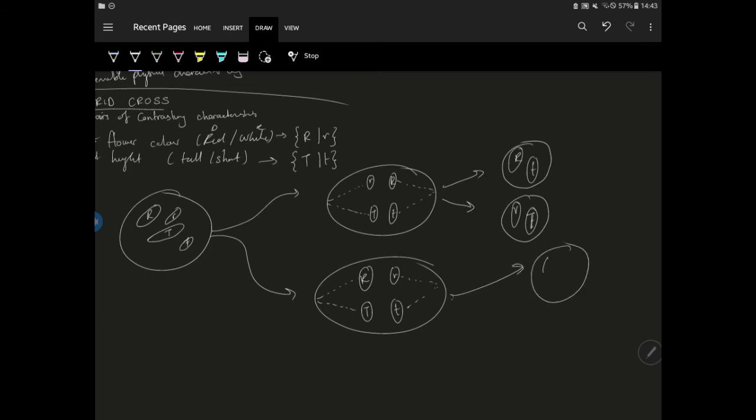We can have big R and big T, so it can be red flowers and tall, or it could be white flowers and short.